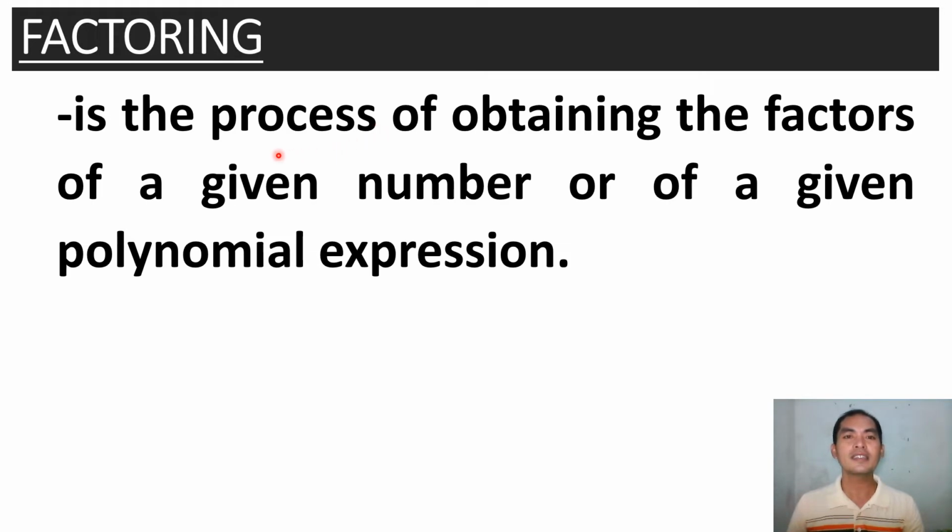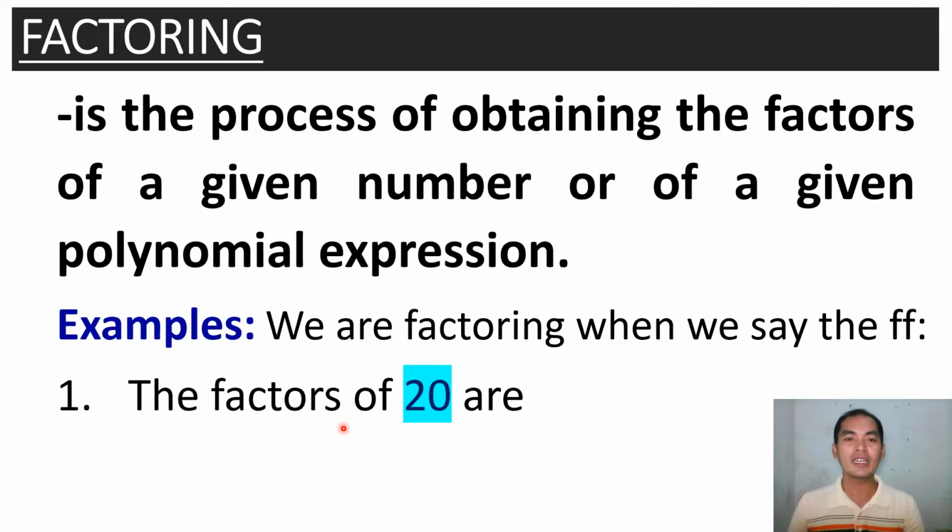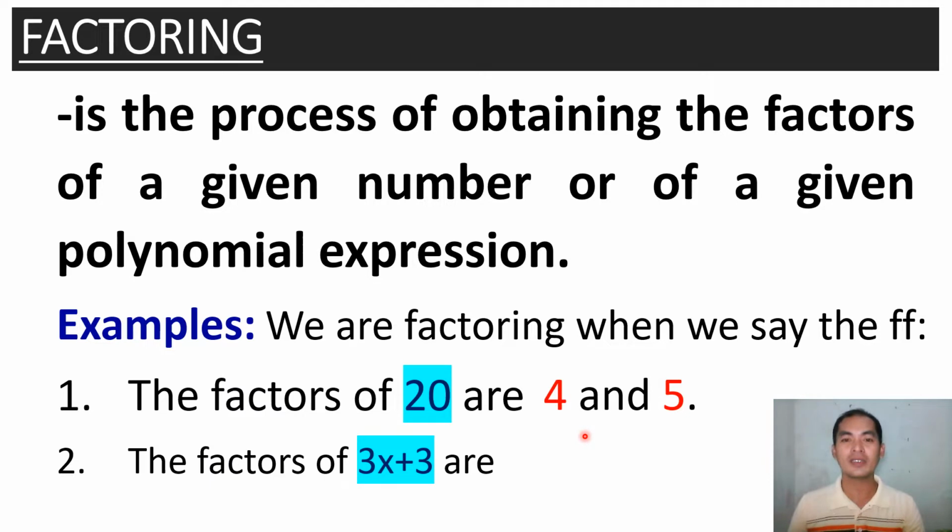Factoring is the process of obtaining the factors of a given number or of a given polynomial expression. Examples: we are factoring when we say the following. The factors of 20 are 4 and 5, or 10 and 2, or 20 and 1.